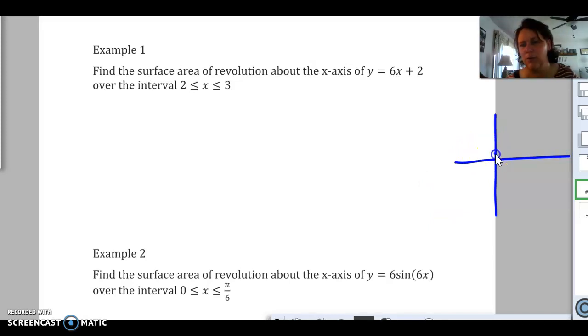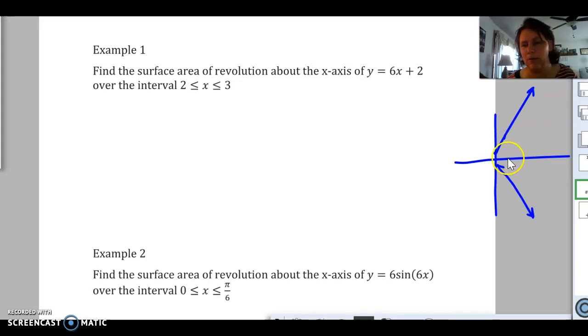It's going to go through the y-axis about here and have a pretty steep slope. Now if we revolve that around the x-axis, we're going to reflect it down here, and then we'll have this revolution.